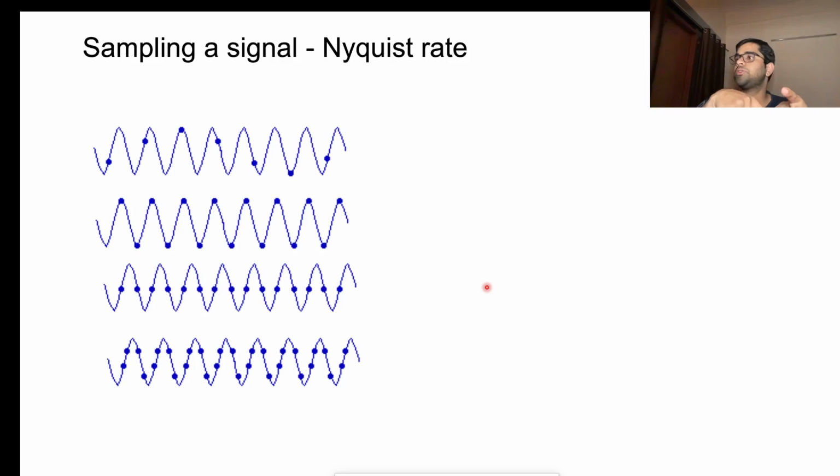So in that case you don't lose anything. That is why, while sampling, the bandwidth of a signal is more important than which frequency components are present. Bandwidth is the maximum frequency present in that signal. If you have any doubts, we can discuss offline.